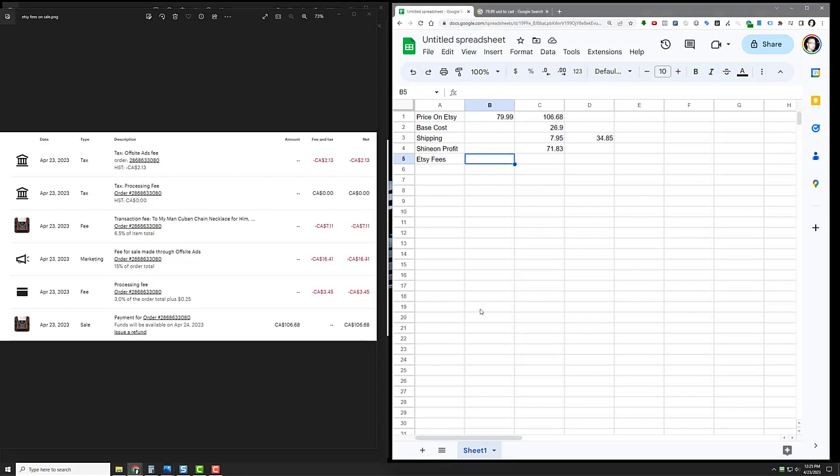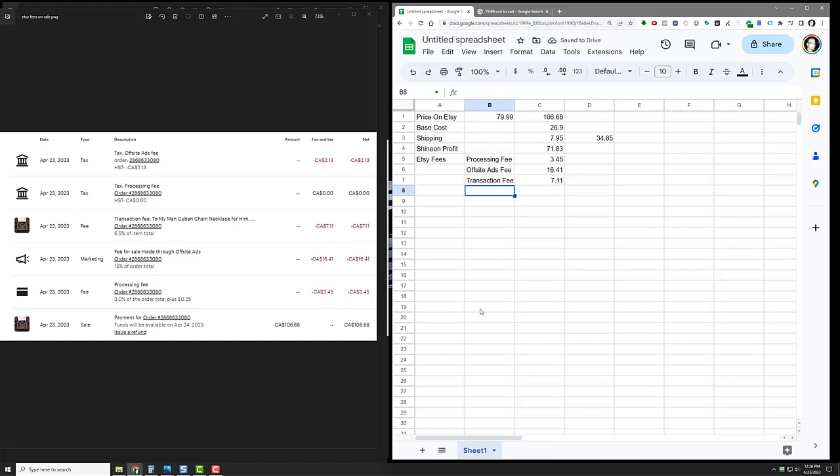The processing fee on Etsy is $3.45. And then the fee for a sale made on offsite ads, the offsite ads fee, they charge me $16.41. And the transaction fee, and processing fee, give me a break. What a joke. Just put them all together.